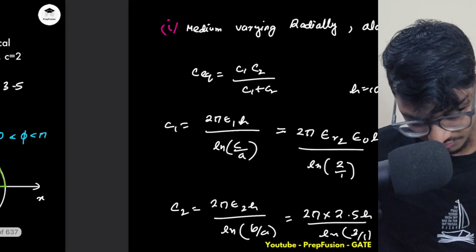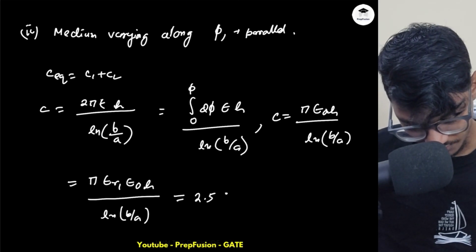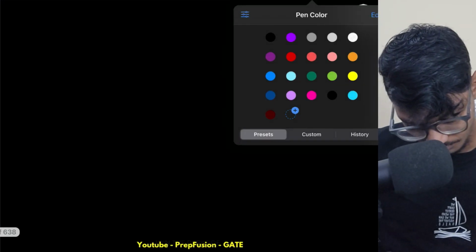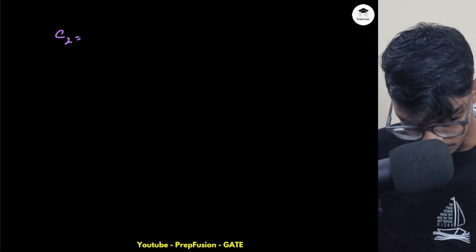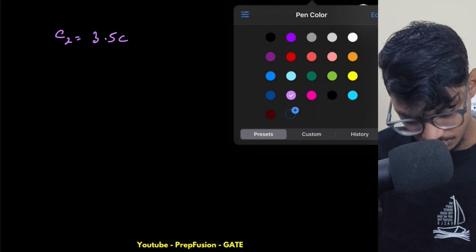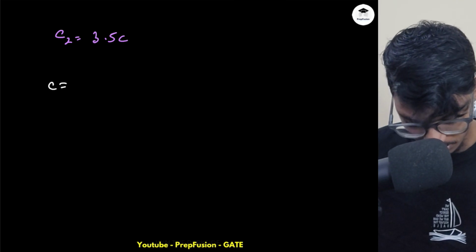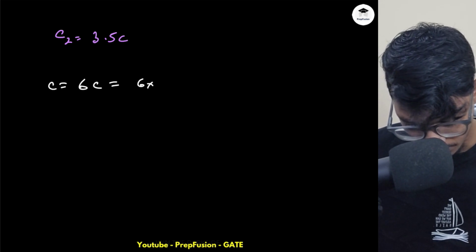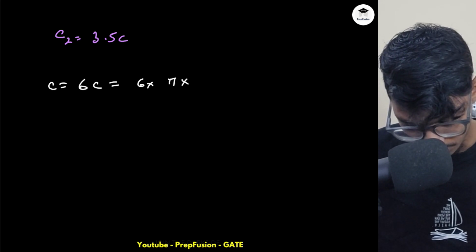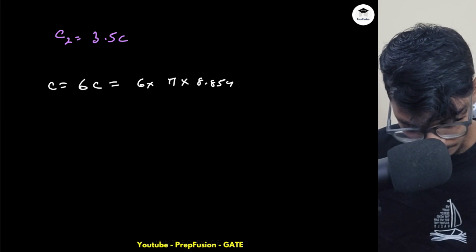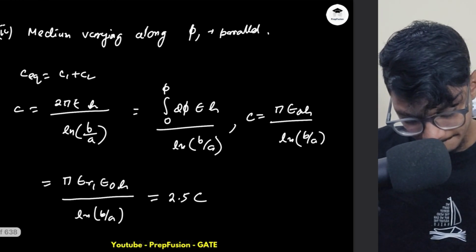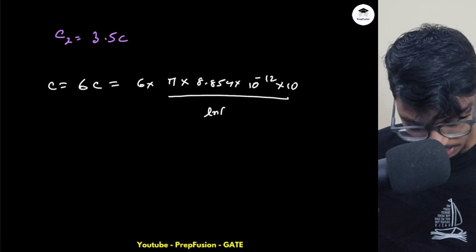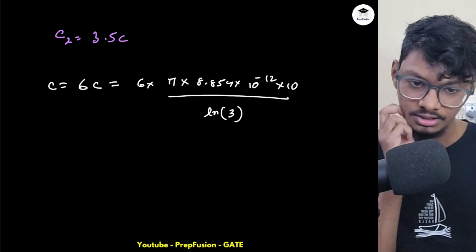Epsilon r1 is 2.5 I believe, yes, 2.5 C, and epsilon r2 will be 3.5 C. So your C will be 2.5 plus 3.5, that is 6C, which is 6 times pi epsilon naught, that is 8.854 into 10 raised to power minus 12, into height is 10, divided by ln 3 this time, because it is ln 3 by 1, right?